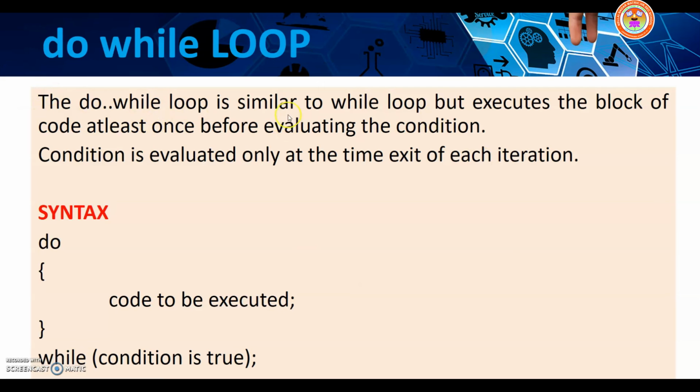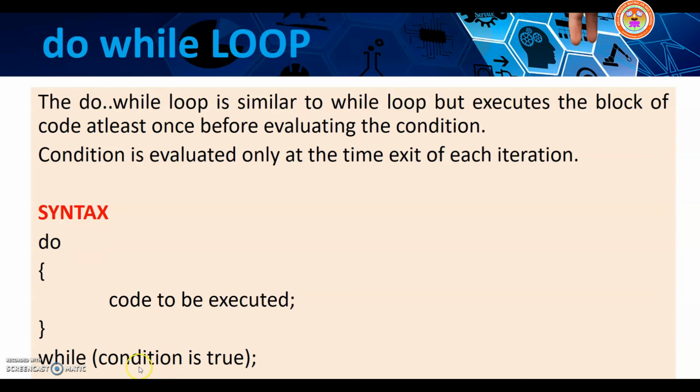The do while loop is similar to while loop, but executes the block of code at least one time, once, before evaluating the condition. So here see the syntax. Do means immediately it will execute the code, at least once. First it will execute the code and then only it will check the condition.